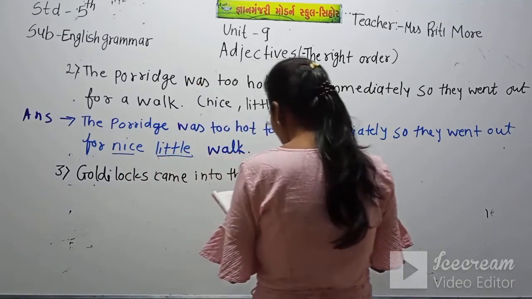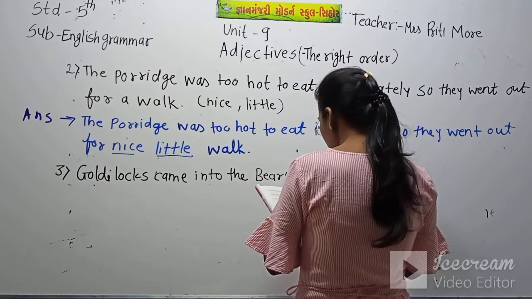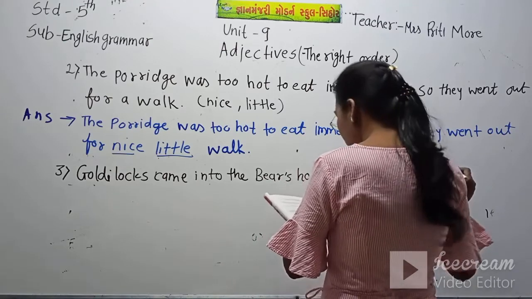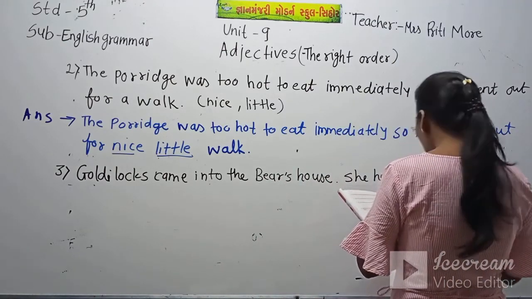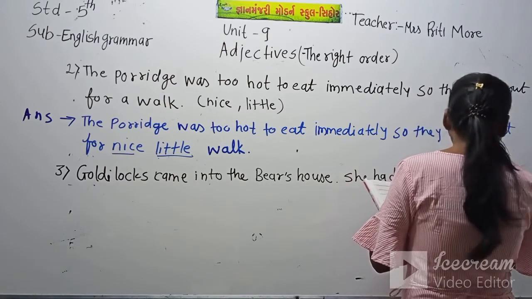She had golden hair. Now before the noun we have to write two adjectives there, long and beautiful.